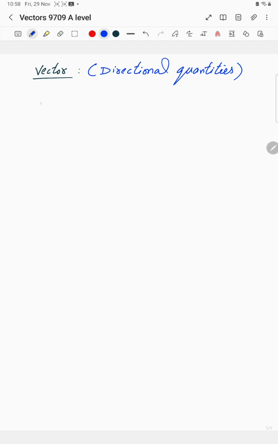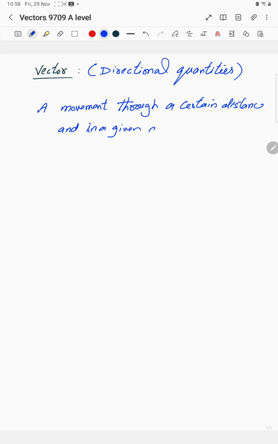We can also say a movement through a certain distance and in a given direction.